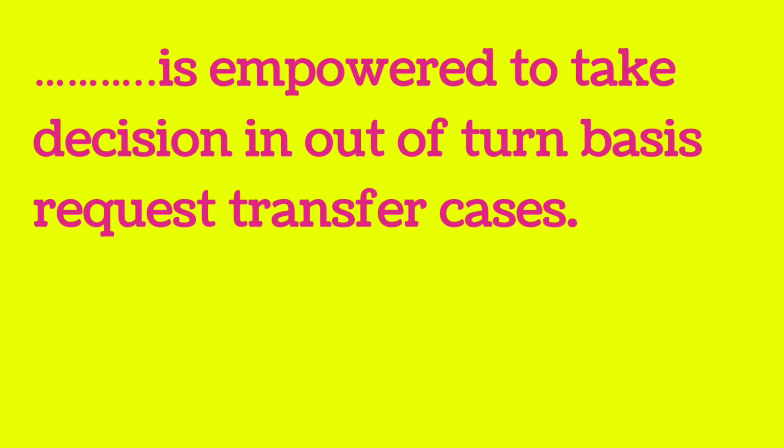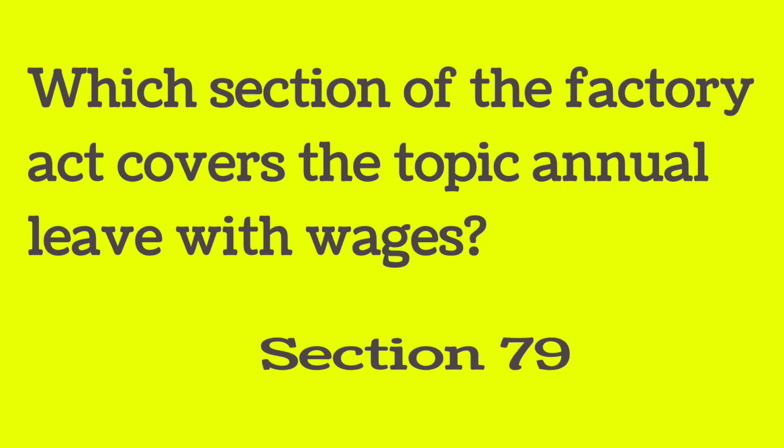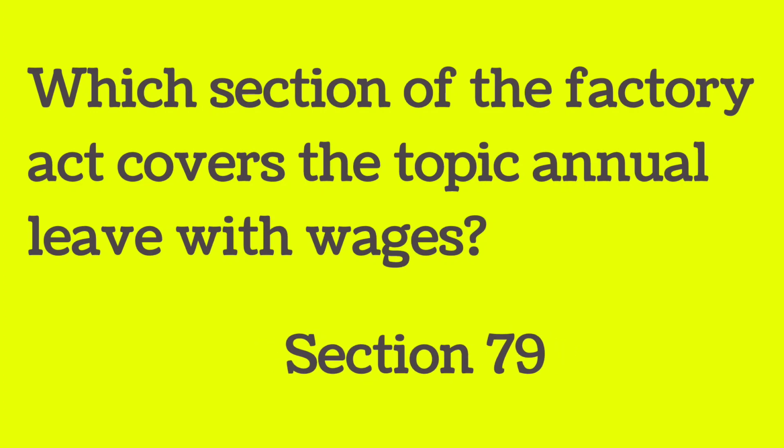Dash is empowered to take decisions in out of turn basis request transfer cases. That is GM. GM is empowered to take decisions in out of turn basis cases. Which section of the Factory Act covers the topic annual leave with wages? Section 79.